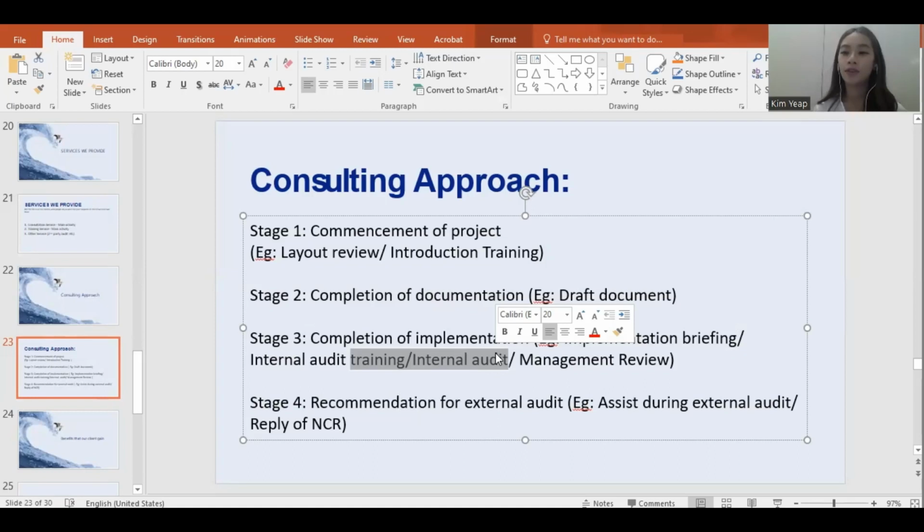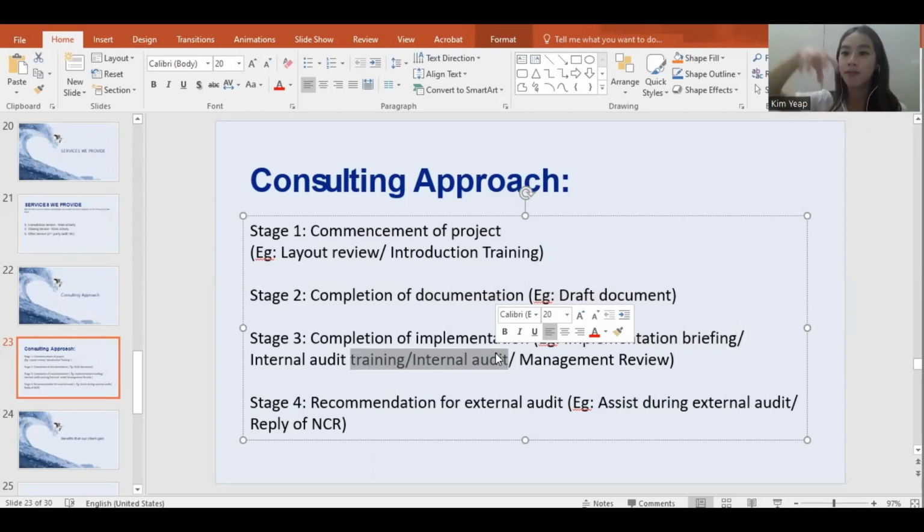Like I said just now, internal audit is you perform an audit internally. Inside our clients there are actually many departments. The people who are doing their own job can't be auditing or checking their own job because it's not neutral, it's not independent.